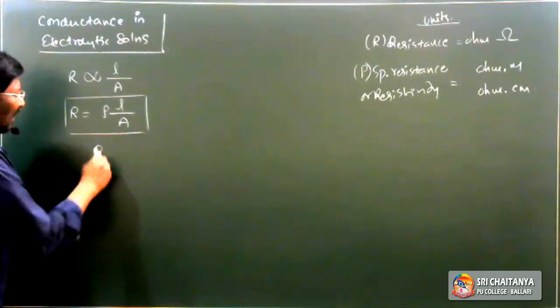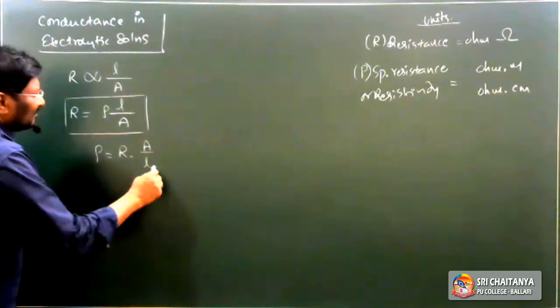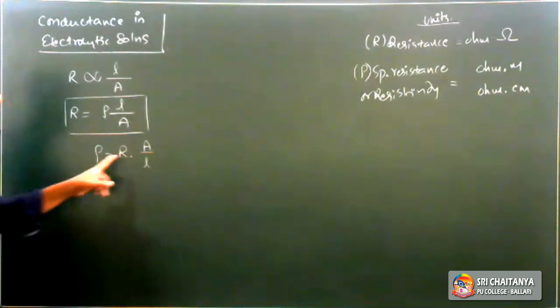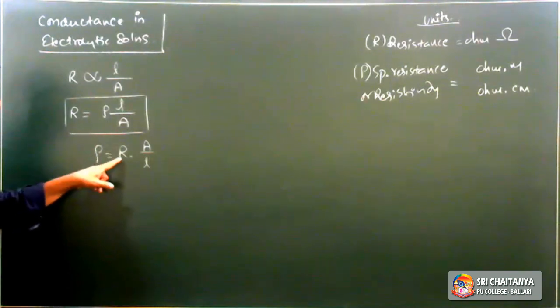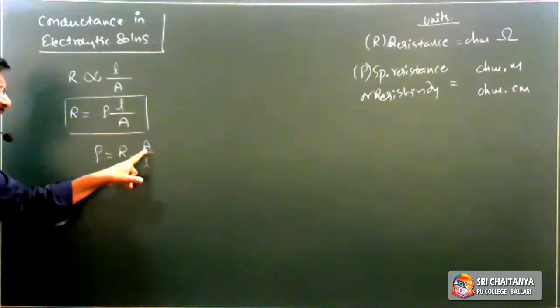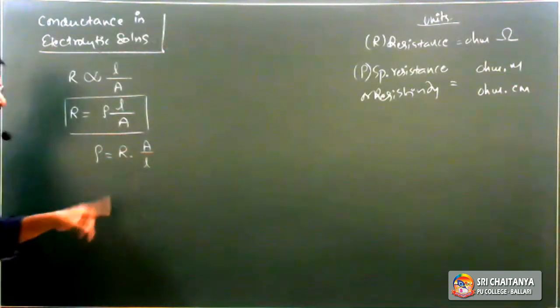Rho is equal to R into A by L. When can rho be equal to R? When A is 1, L also 1.